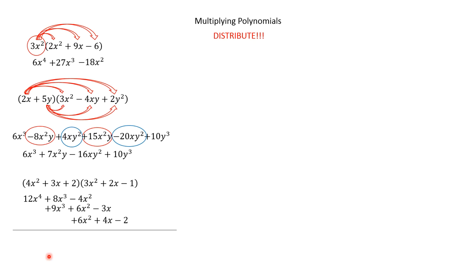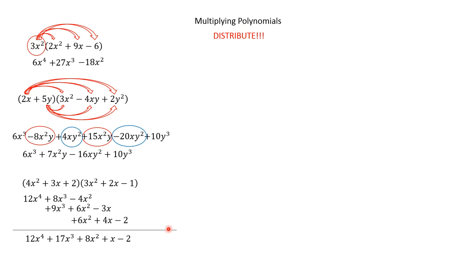And so when we add these up, we have 12x to the fourth. Looks like we have 17x cubes. Let's see, 12x squareds minus 4 is 8x squareds plus x minus 2. And we have our like terms added together.